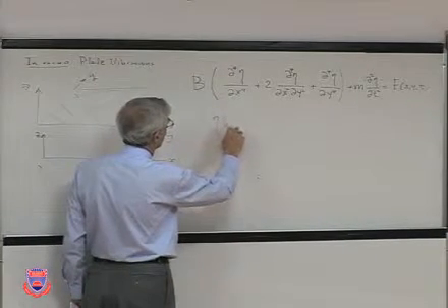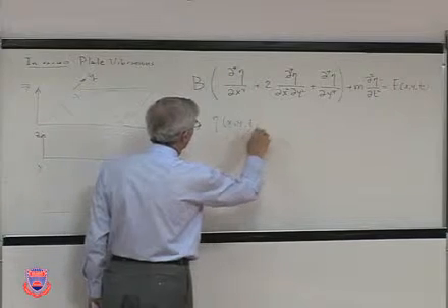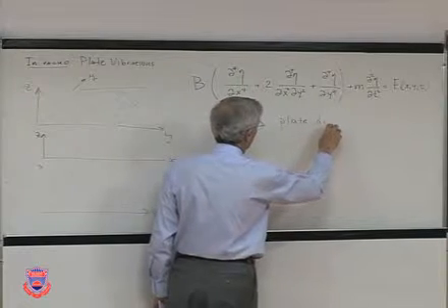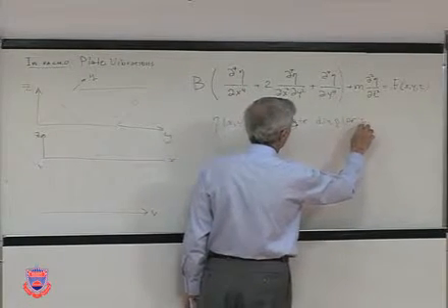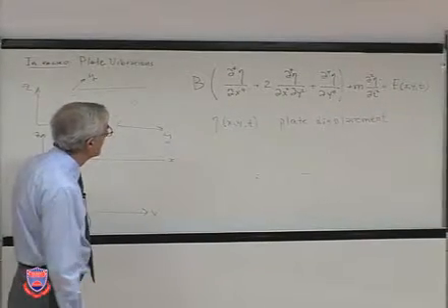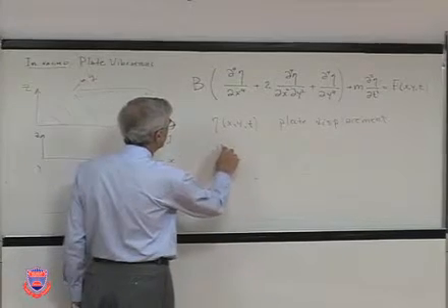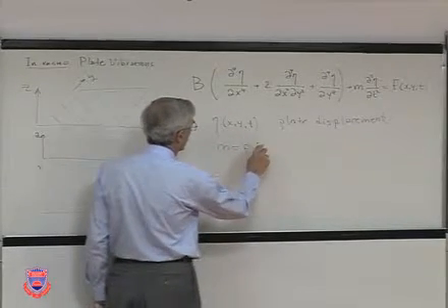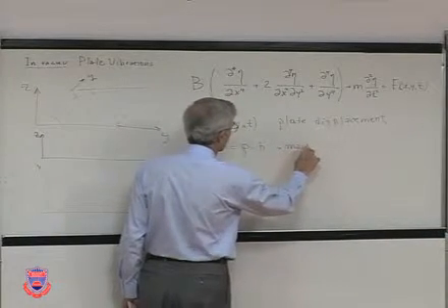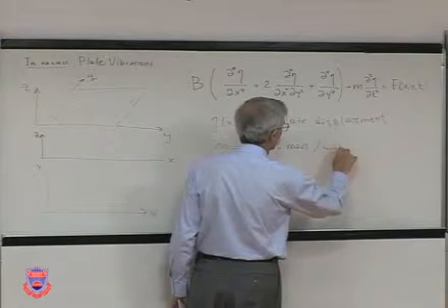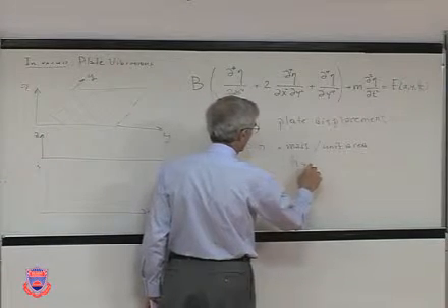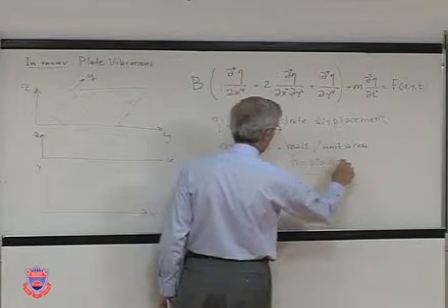Eta is the plate displacement. M is rho times plate thickness, and that would be mass per unit area, where H is plate thickness.